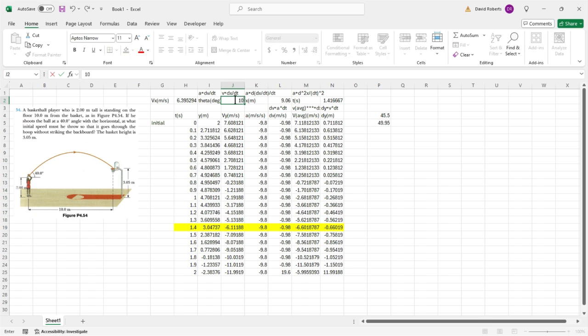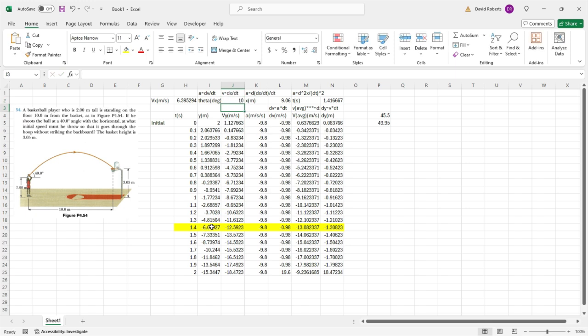Let's just do 10 because 5 might be a little bit crazy. And for this 1.4 seconds... I don't know if that would make any sense. No, that's going to be a different problem.